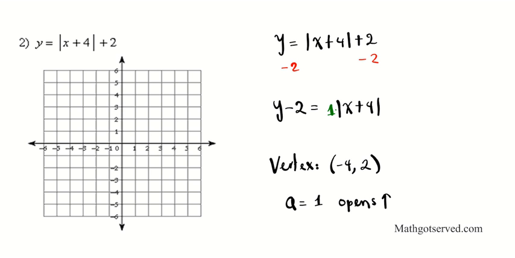So let's grab the vertex first, negative 4, 2. You go 1, 2, 3, 4 to the left and up 1, 2. There goes your vertex. Then we draw the V following the pattern of your standard absolute value function. This goes straight through there, and the other goes straight through there like that.